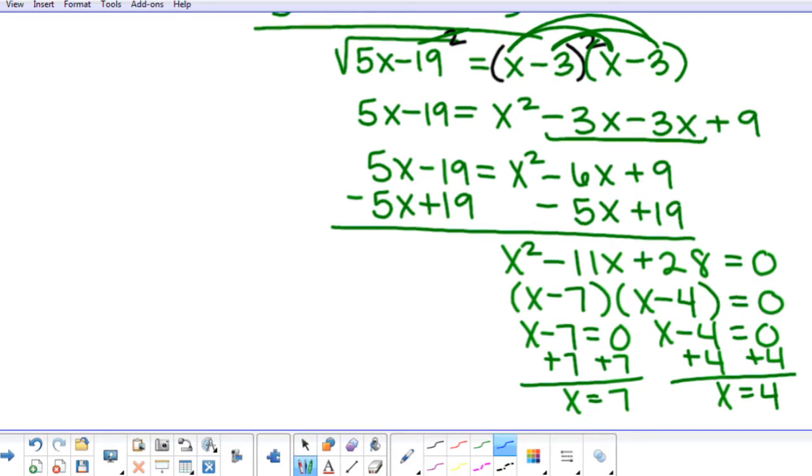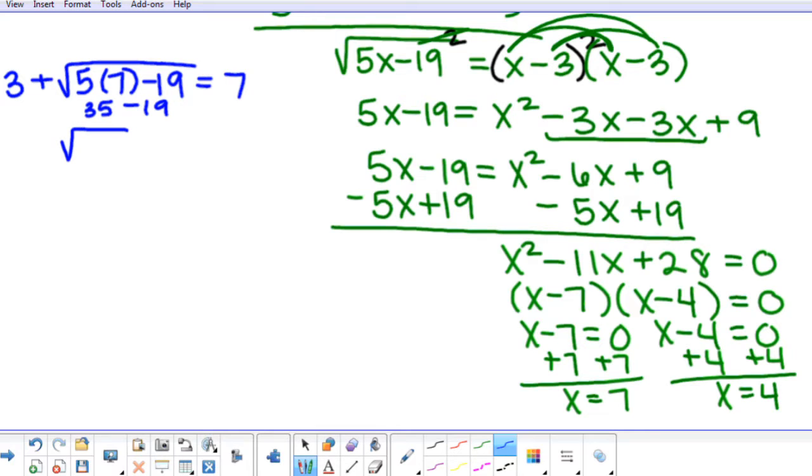So I'll start with the 7. So I'm going to have 3 plus the square root of 5 times 7 subtract 19 equal to 7. So I start with the square root. 5 times 7 is a 35. 35 subtract 19 will give me the square root of 16.